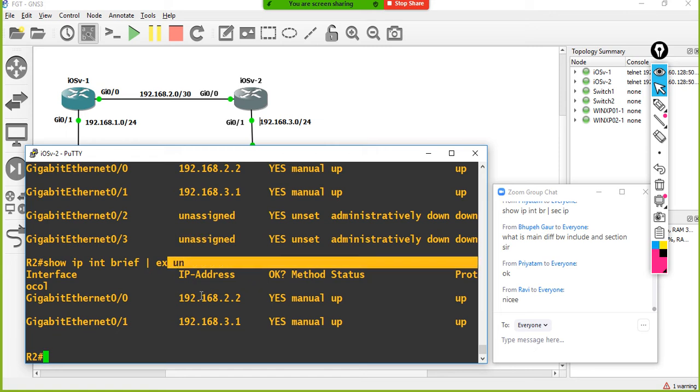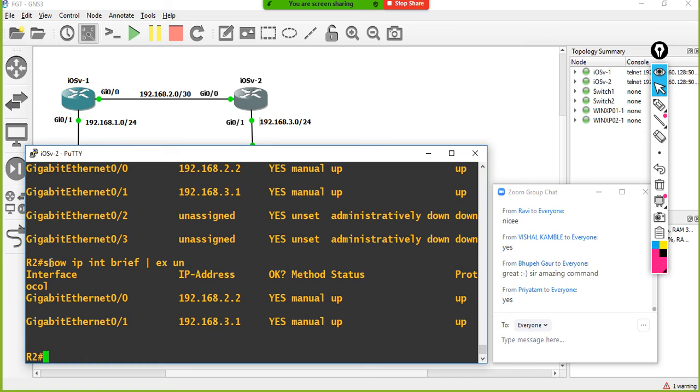Can you please write this command, guys, everybody? I'm sure that nobody is writing. Everybody is relaxing and enjoying. Not an amazing command, man. Usually whenever we have a lot of interfaces and a lot of IP addresses, we don't want to see everything.